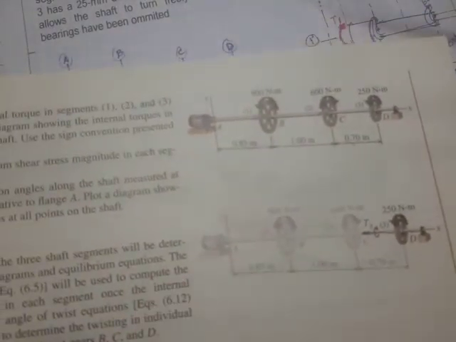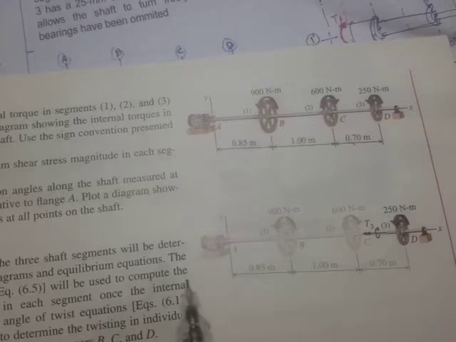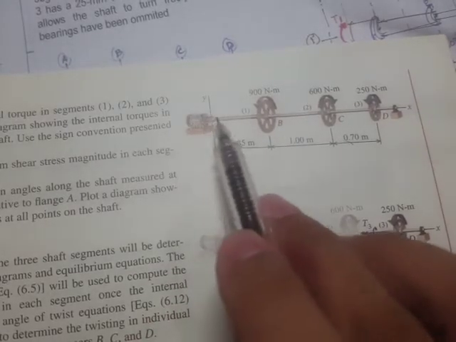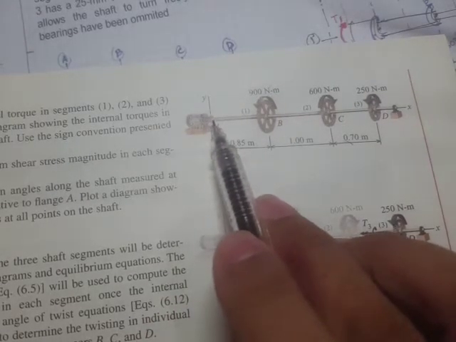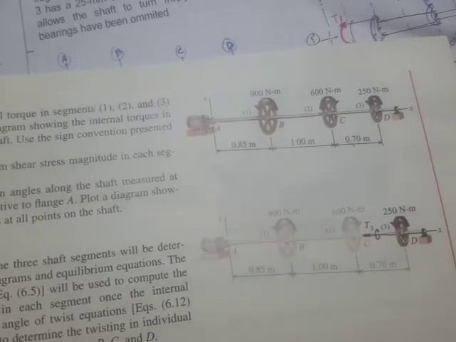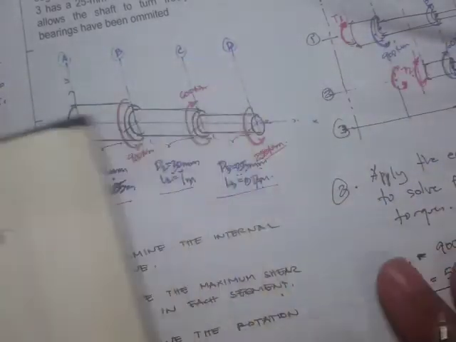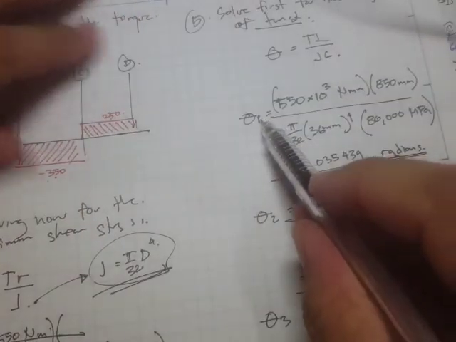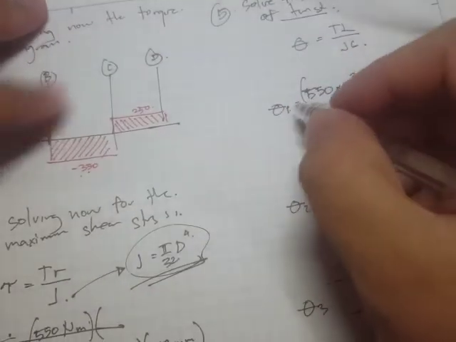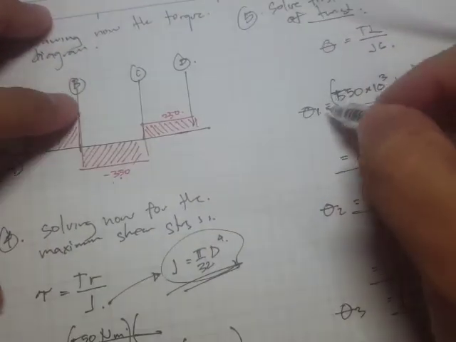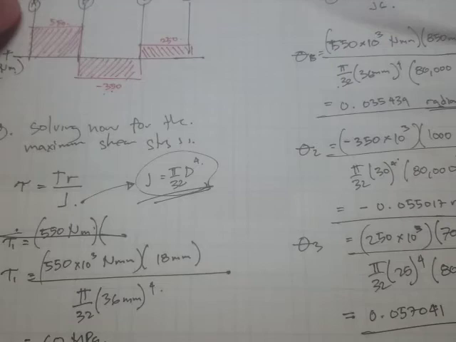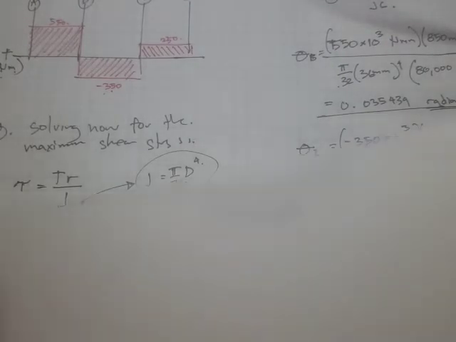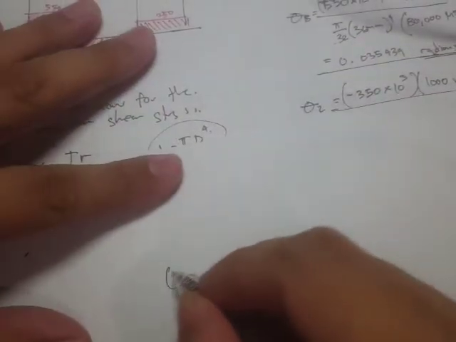So if you recall in our original figure from the book, since this is the electric motor, then that's going to be the starting point. So this twist right here must be the twist at point B, right?